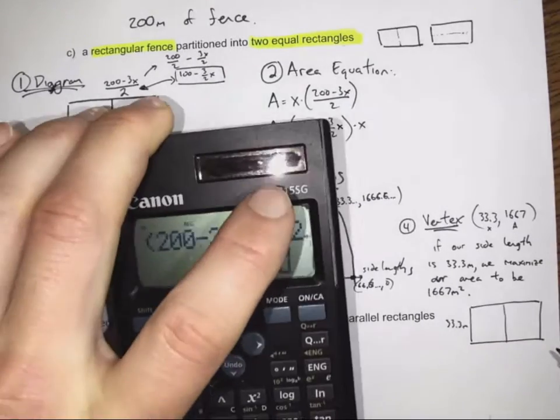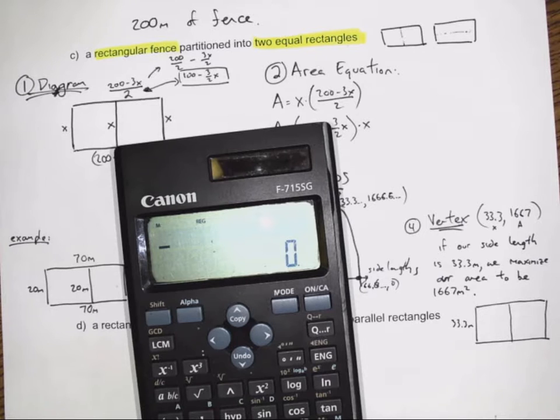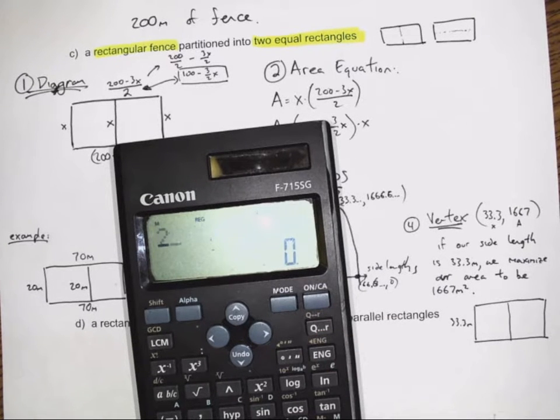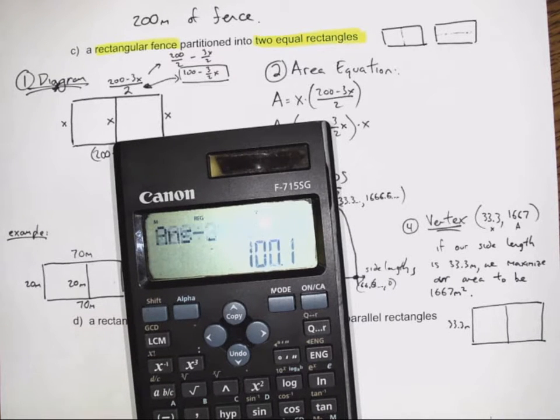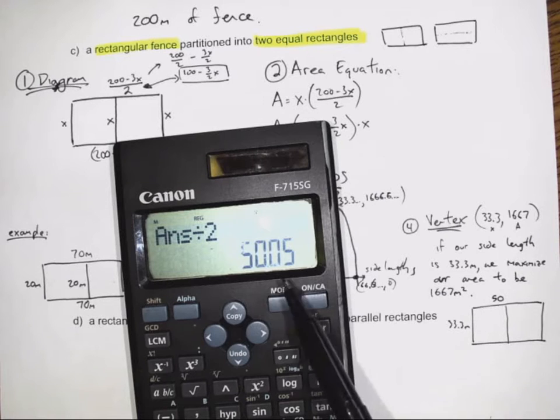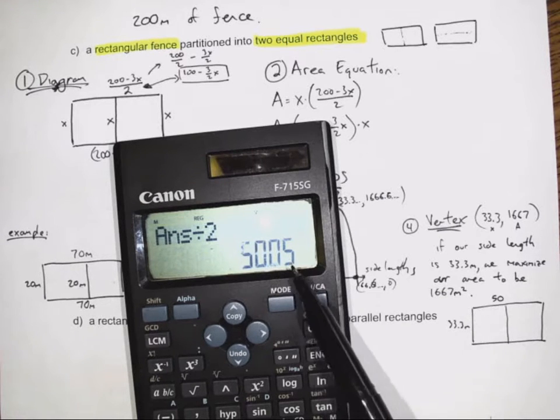And how much would I have left for these guys? Well, I might take a second to think about that. What is that dimension of this side of the rectangle? It could be 200, take away 3 times 33.3. Then I have to divide that by 2, and I end up with a distance of 50 meters. Now, because I rounded 33.3 repeating to 33.3, I get this little artifact.